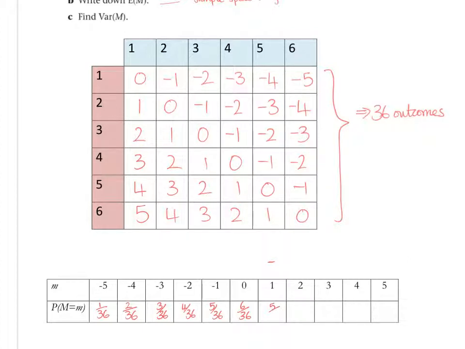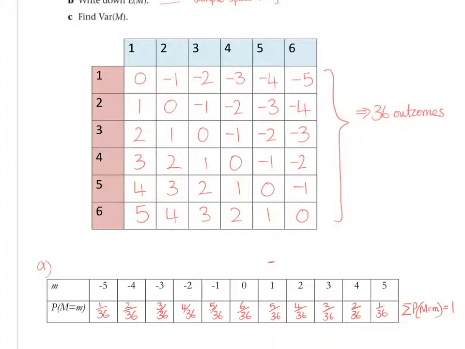So again, it's going down as 36. And if we add up all the probabilities, just as a little check, we should actually get 1 in that table. Okay, so that was part A.